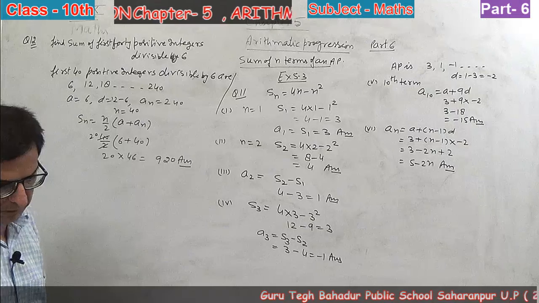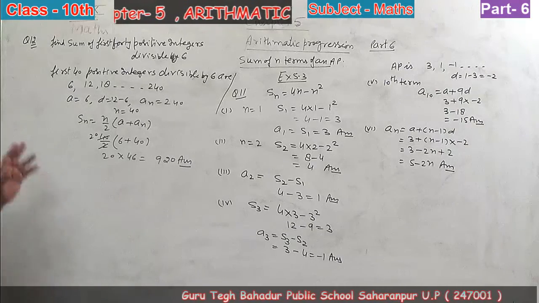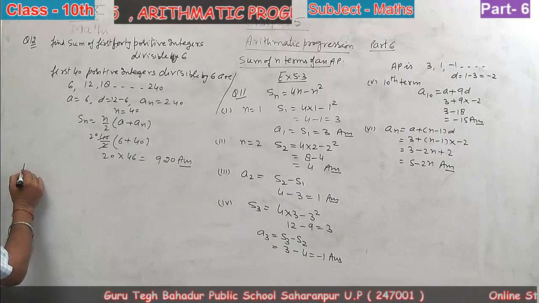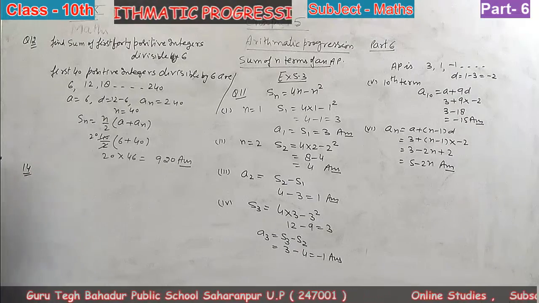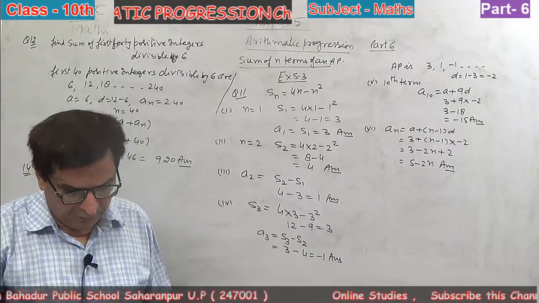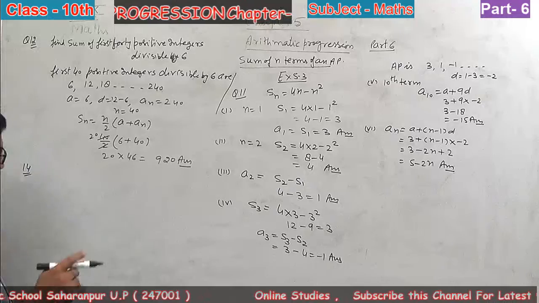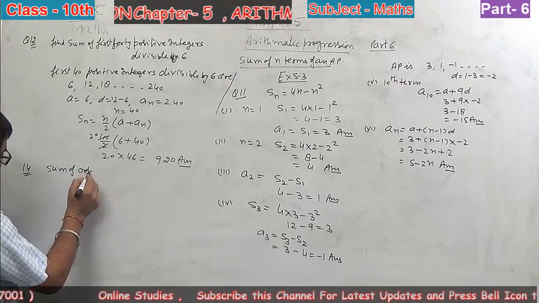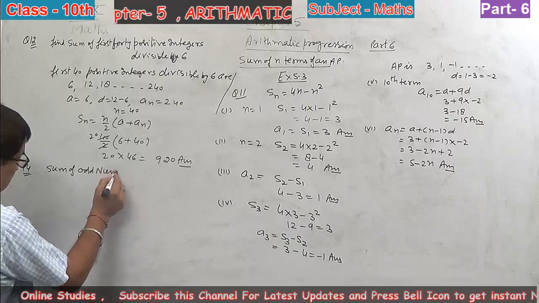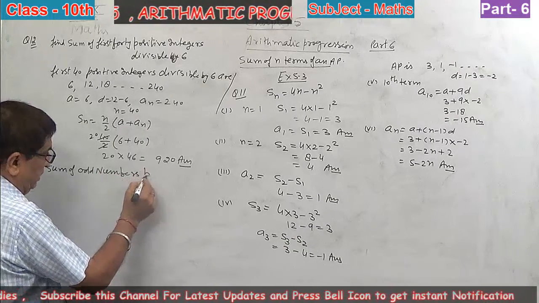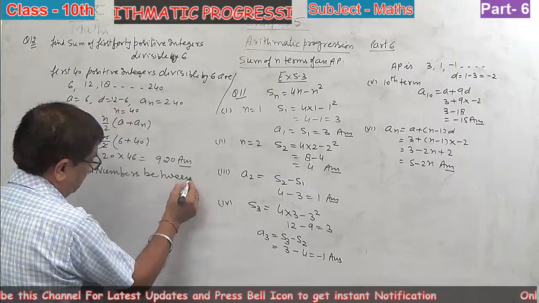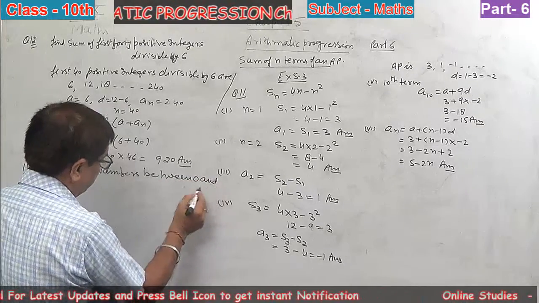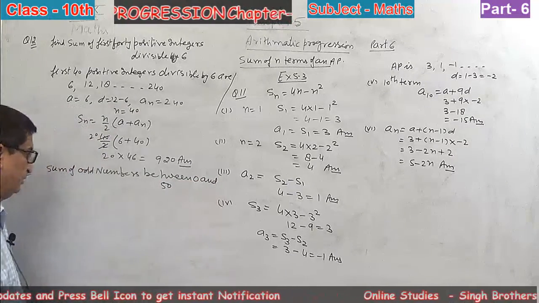See question number 13, it is also the same as 12. Question number 14: find the sum of odd numbers between 0 and 50.